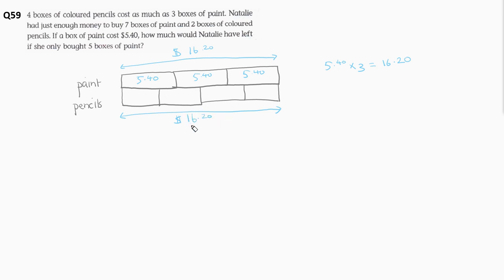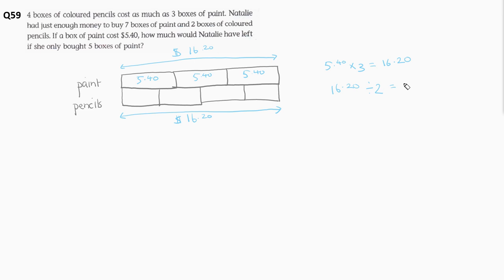And this 16.20 is 4 of these portions. Okay. So if we wanted to find out how much 1 box of pencils is, well, actually, we just need to find out 2 boxes of pencils here. So we can make our calculation easier if we want, and we can divide 16.20 by 2, okay?